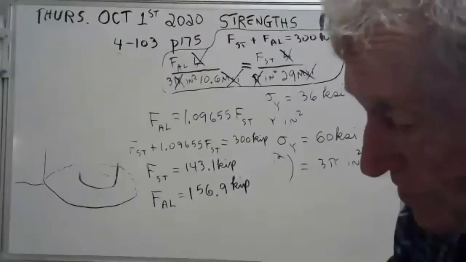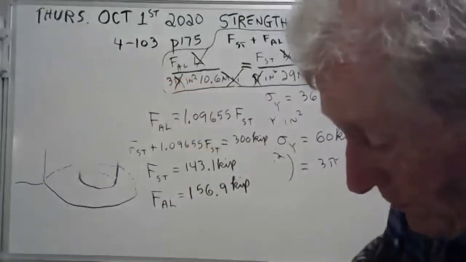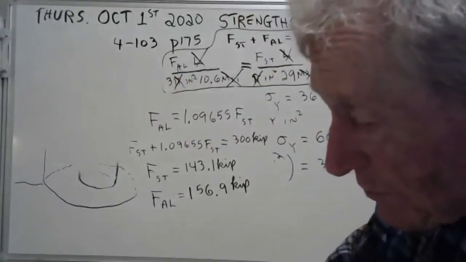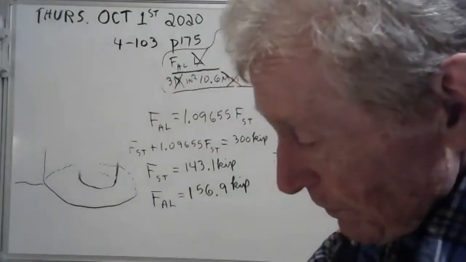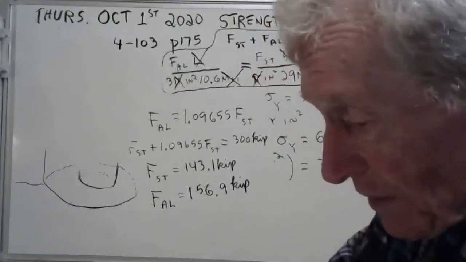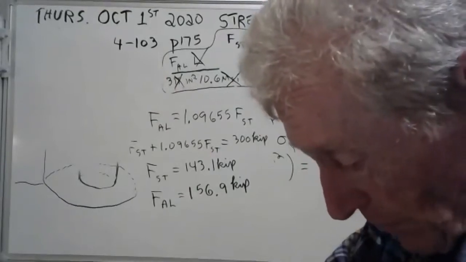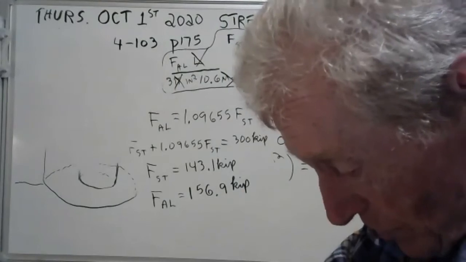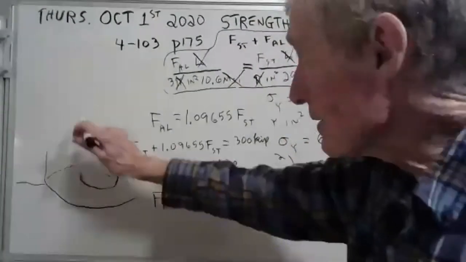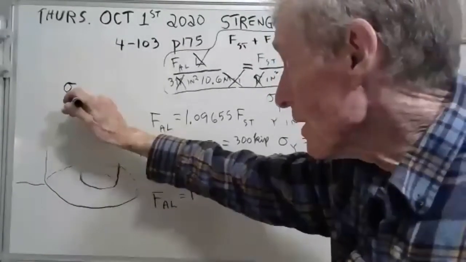If you just tuned in, we're doing problem 4103. We're finding statically indeterminate stresses by using compatibility equations. But right now we're going to get the stress in the aluminum.